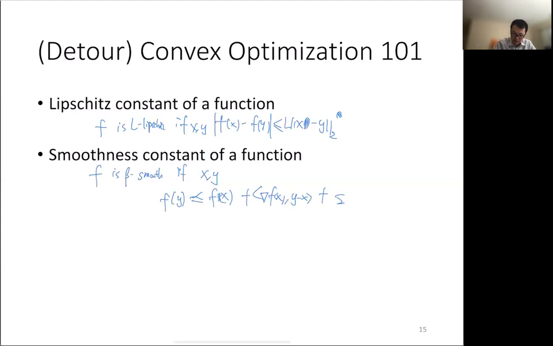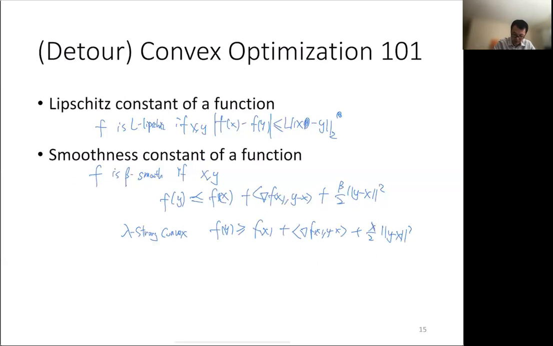Notice that this is analogous to the condition of strong convexity, which gives a lower bound: f of y is larger than f of x plus the same thing plus half lambda times the squared norm of y minus x.